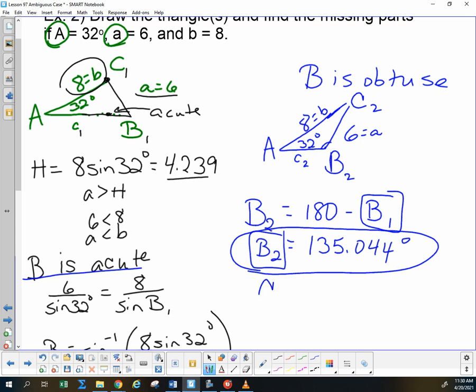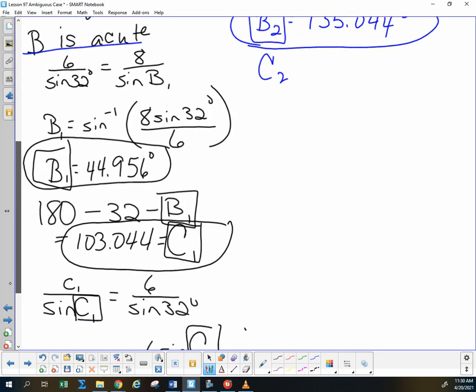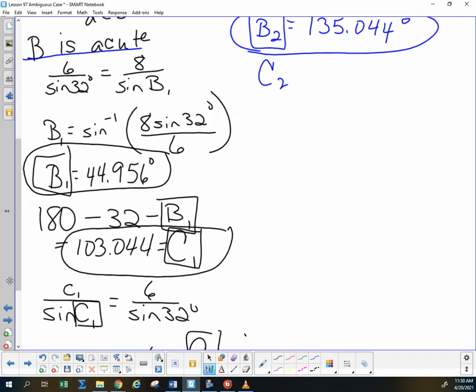Okay, now we're going to get our third angle with triangle sum again. And you could, if you wanted to, but don't do this right now, you could type in 180 minus 32 minus your stored B, which is now B2. But faster and more efficient, scroll up until 180 minus 32 minus B is highlighted, and hit enter.